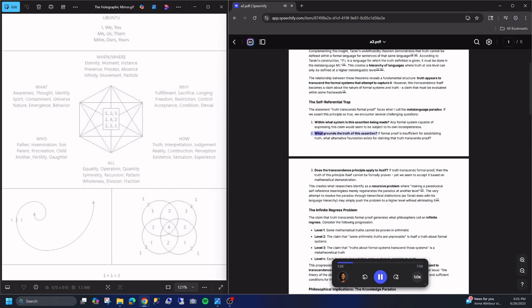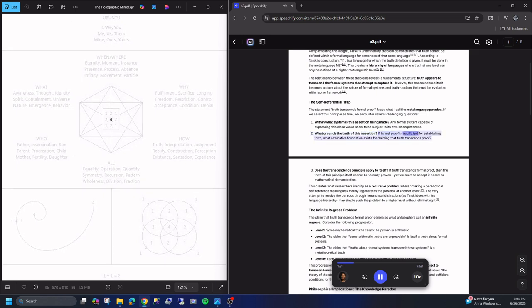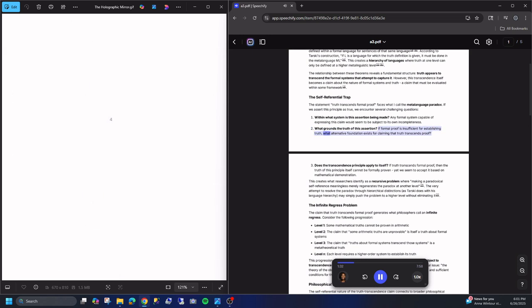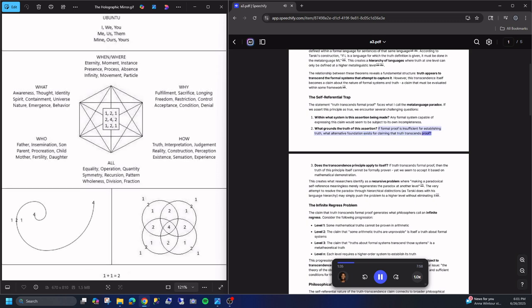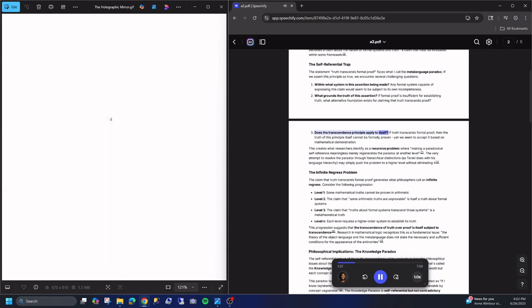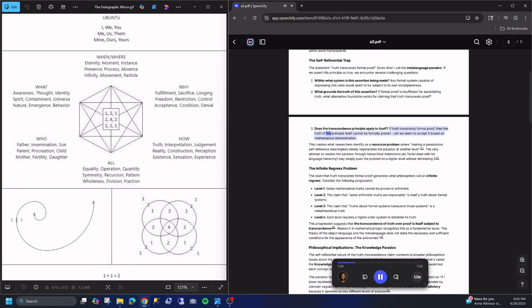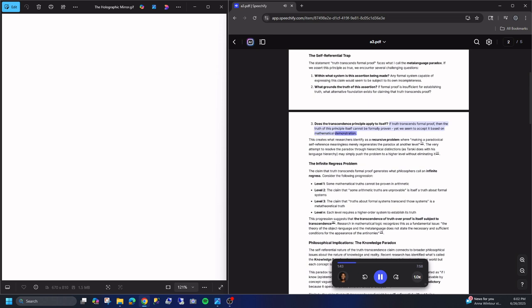2. What grounds the truth of this assertion? If formal proof is insufficient for establishing truth, what alternative foundation exists for claiming that truth transcends proof? 3. Does the transcendence principle apply to itself? If truth transcends formal proof, then the truth of this principle itself cannot be formally proven, yet we seem to accept it based on mathematical demonstration.